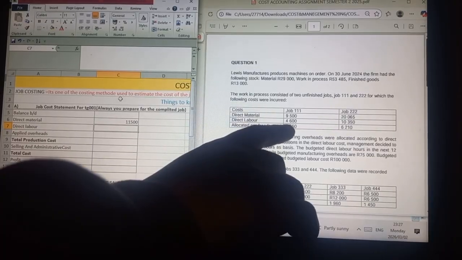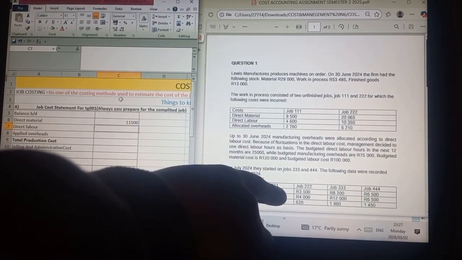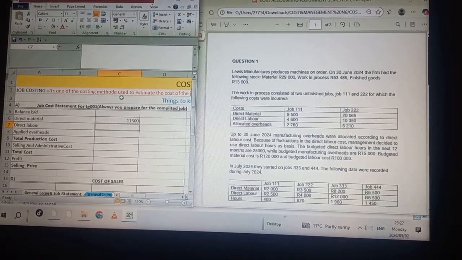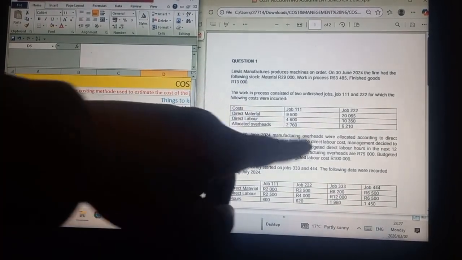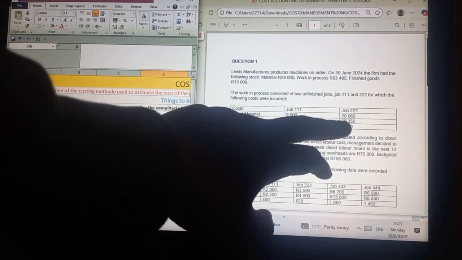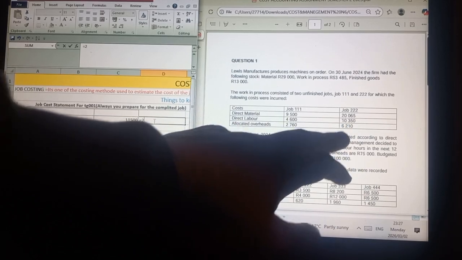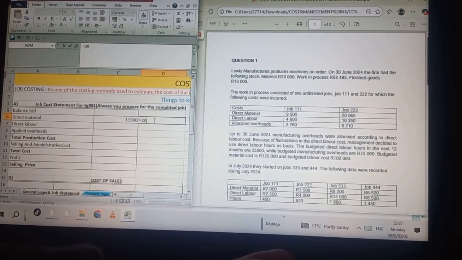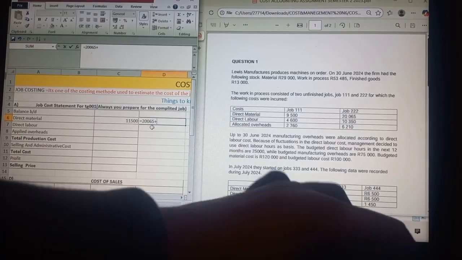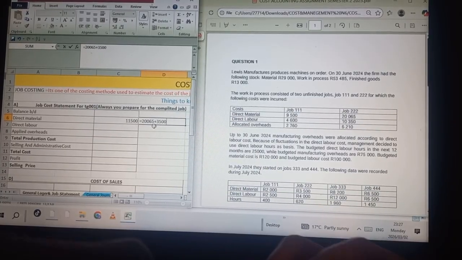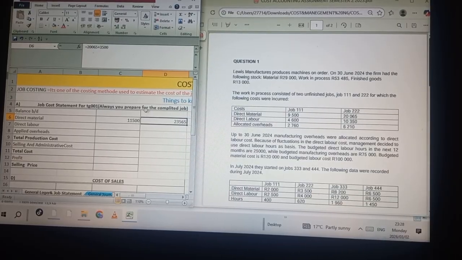We are preparing for job 111 first, and then we will prepare for job 222. Direct material for job 222 is 20,065 rand plus 3,500. Then you also get your direct material for job 222.